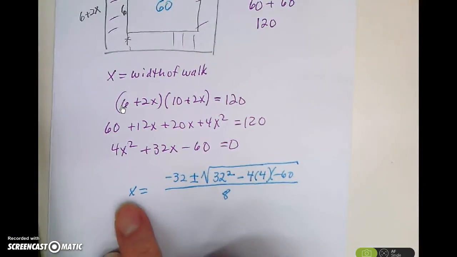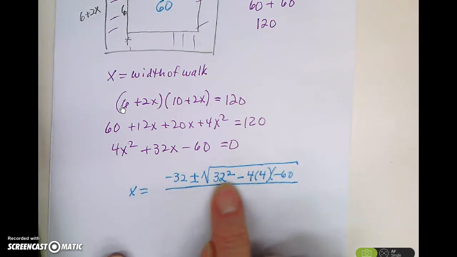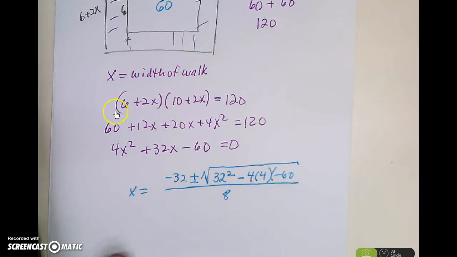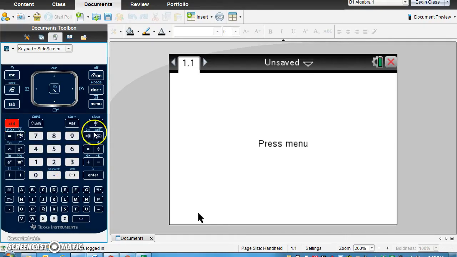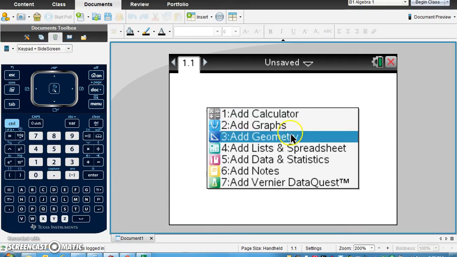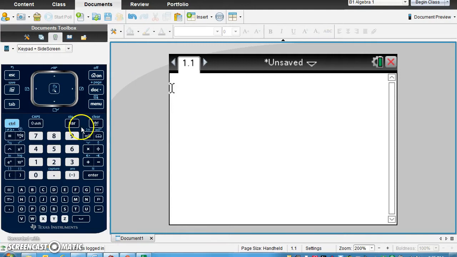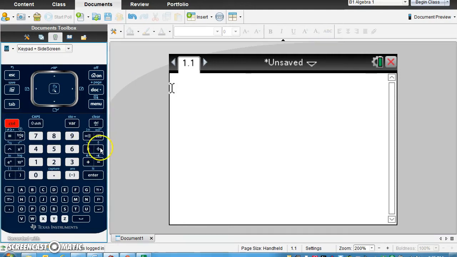So here it is written in the quadratic formula. It should look like this. And we want to put that then into our navigator. All right, so here we go. We'll add a calculator here, and then we'll hit control and then add a fraction.